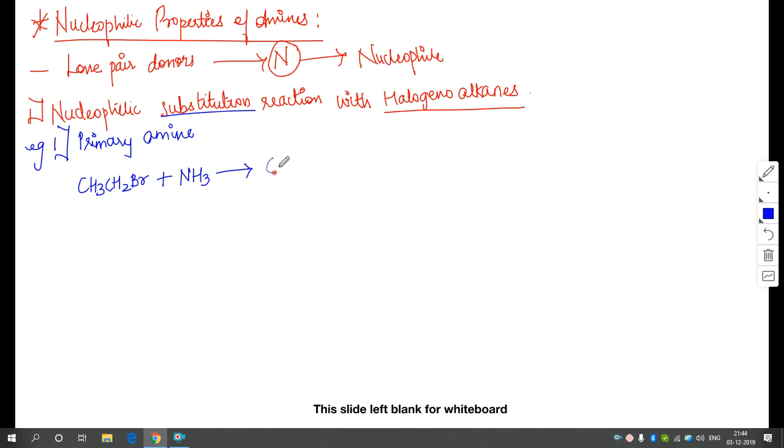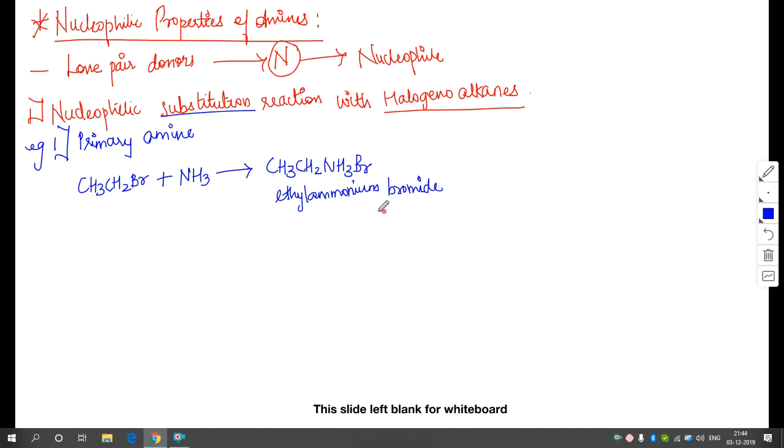It is CH3CH2NH3Br. Now, for a primary amine, the reaction happens in 2 stages. This is my first stage, where I am getting ethyl ammonium bromide. I have formed one product over here.